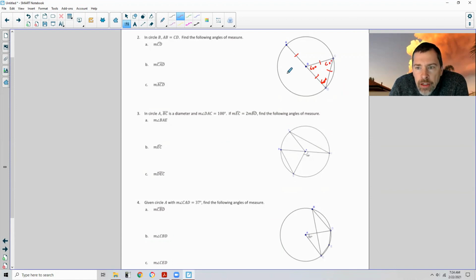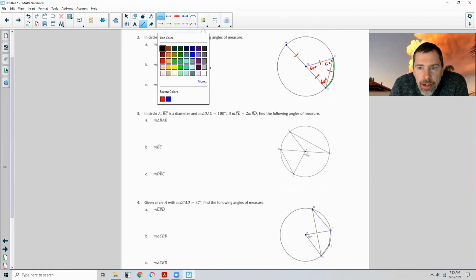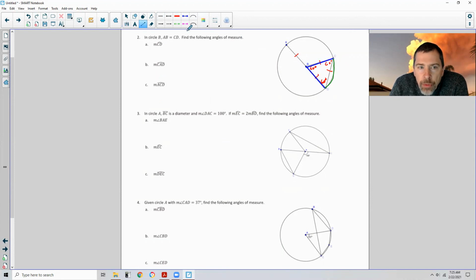So the measure of arc CD is right here, and that is being intercepted by angle CBD, which is 60 degrees. So the central angle equals the intercepted arc. So CD equals 60 degrees.